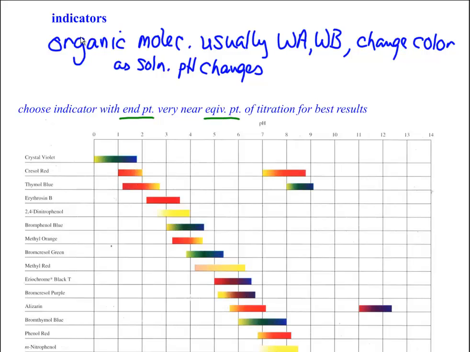That way we can identify ahead of time where the color change occurs, and that tells us to slow down and start adding solution drop-wise, so that a 1-drop drastic pH change gives us a nice steep line on our titration curve.